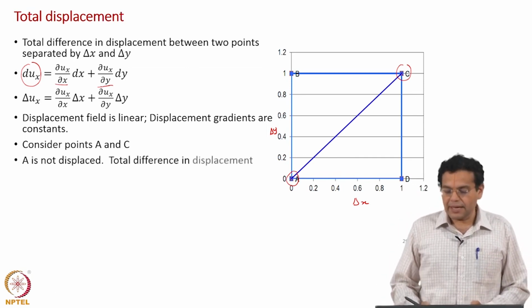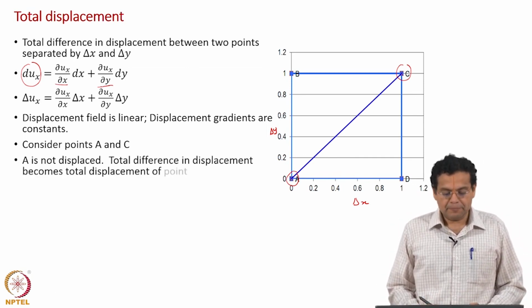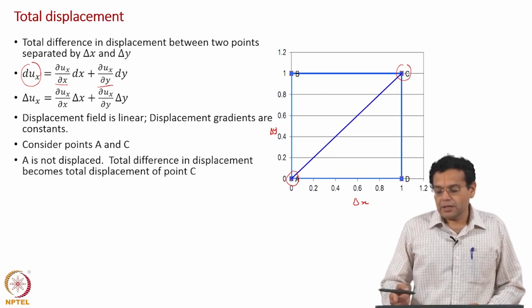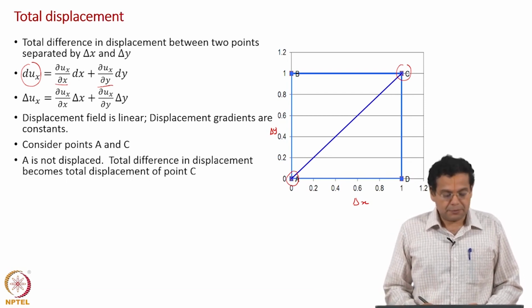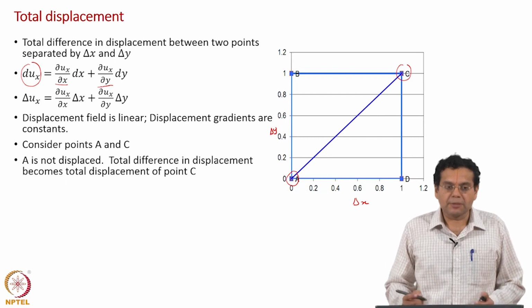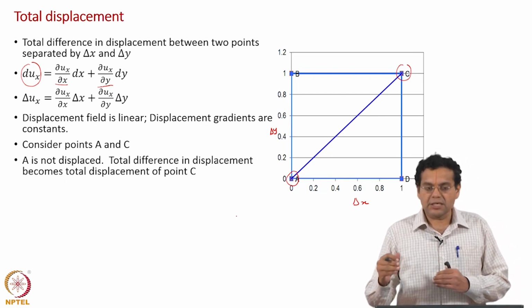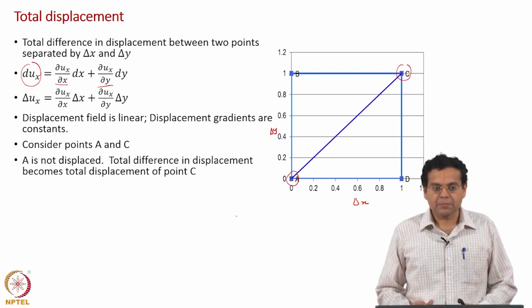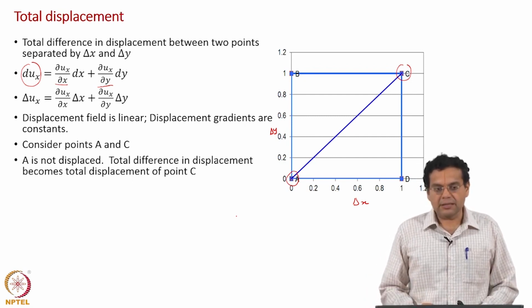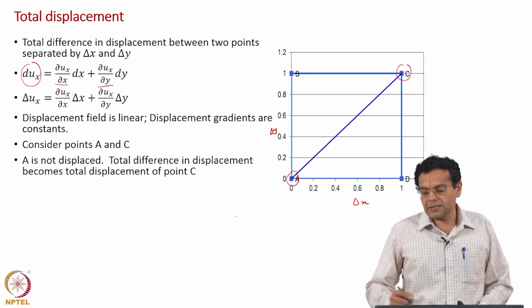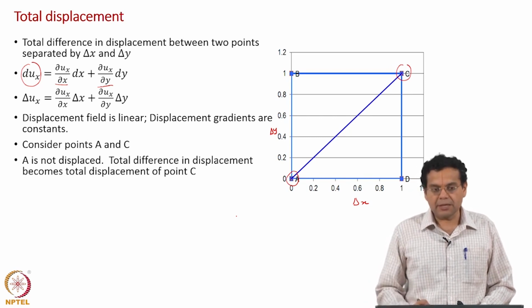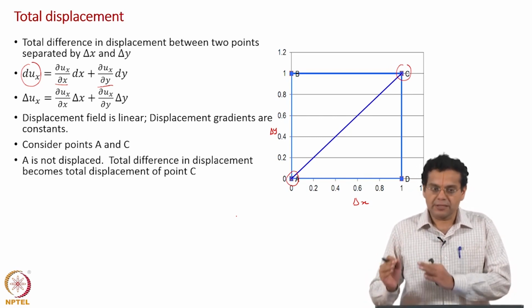In this particular case A is not displaced, so the total difference in displacement becomes the total displacement of point C. We were actually supposed to consider the difference in displacement between C and A, but because A is not getting displaced, the difference in displacement between C and A becomes the displacement of C itself.